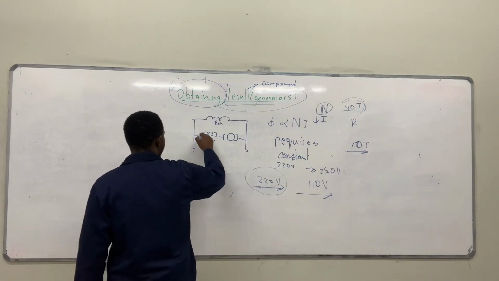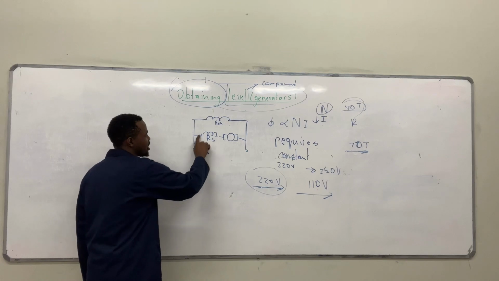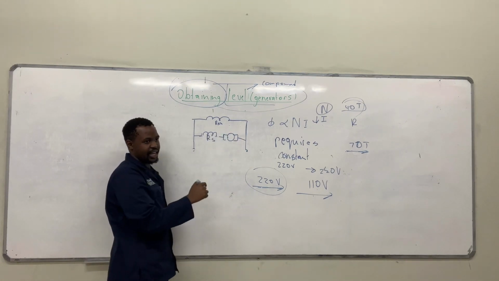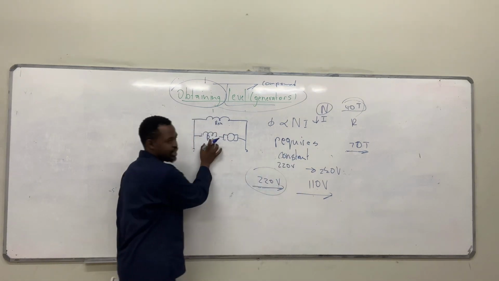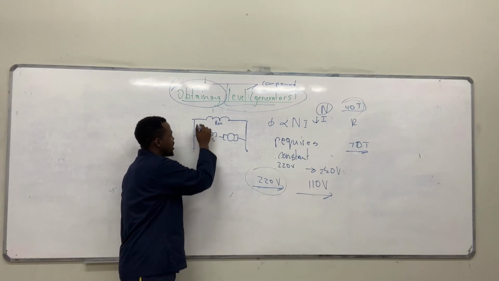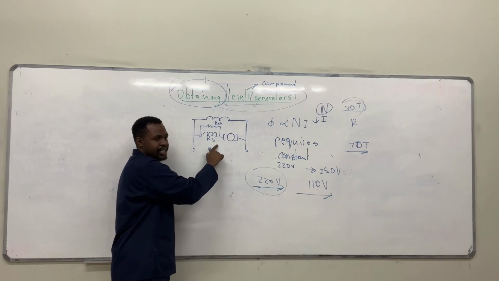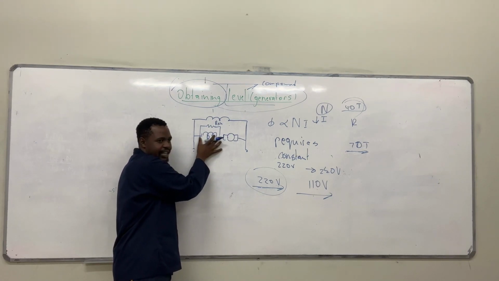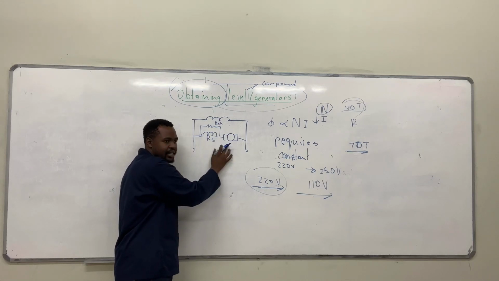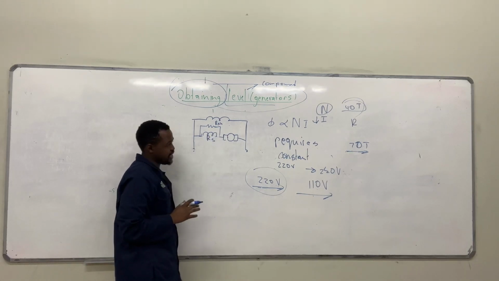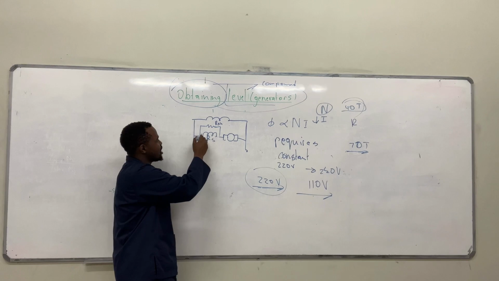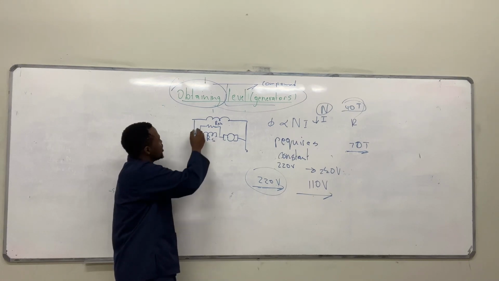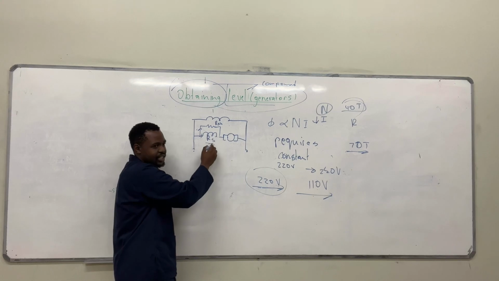Armature circuit. By decreasing the current, I am basically changing the resistance of the armature circuit, because the series field winding is always part of the armature circuit. It doesn't matter whether it is a short shunt or a long shunt.